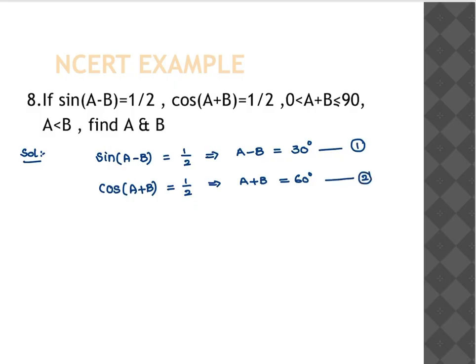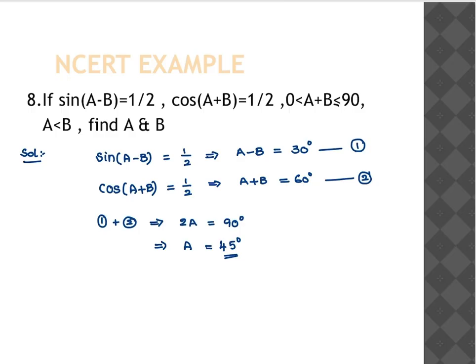By solving these two equations, 1 and 2, by adding, we will get the value of a. Adding equation 1 plus equation 2 gives a plus a is 2a, and minus b plus b will get cancelled. That is equal to 30 plus 60, which is 90 degrees. So a is equal to 45 degrees.